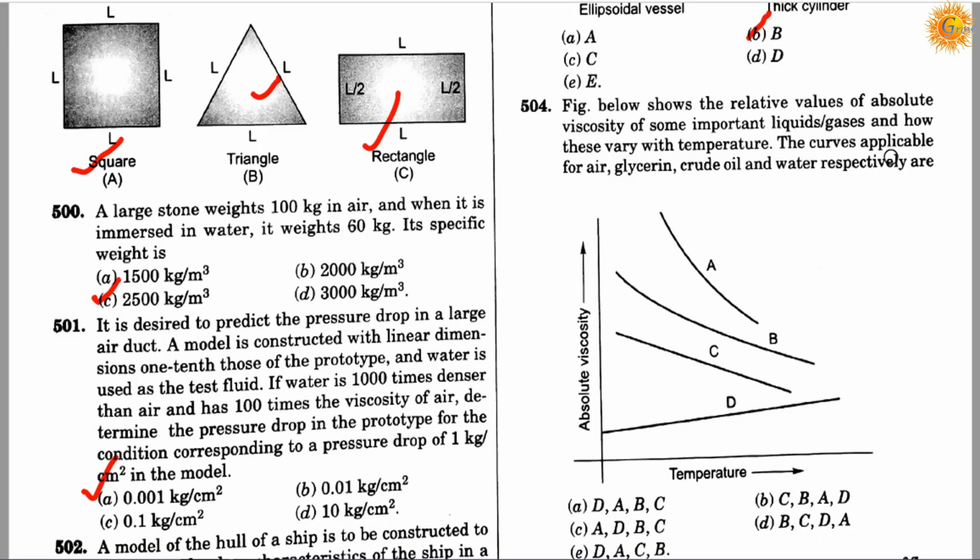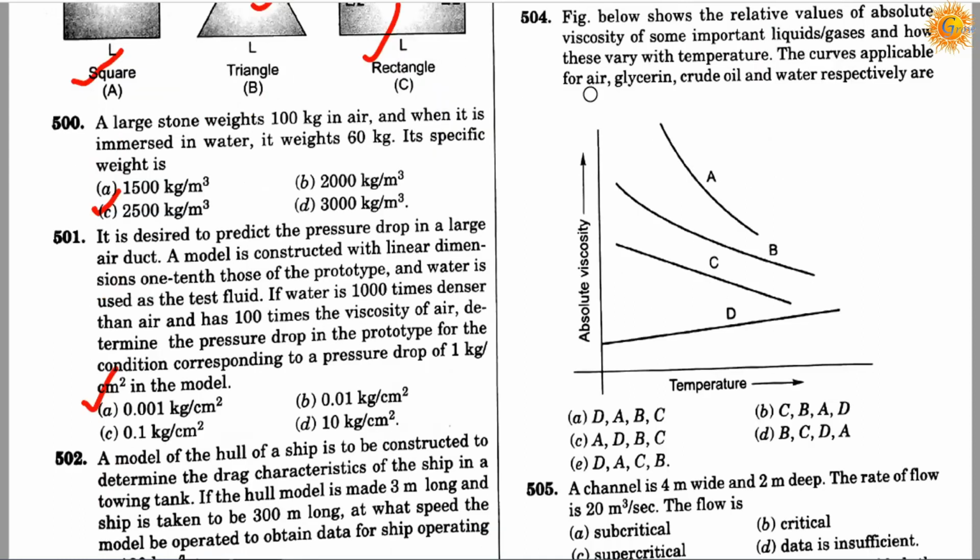The curves applicable for air, glycerin, crude oil and water respectively are. So the first curve A belongs to air, the second curve B belongs to glycerin, curve C belongs to crude oil, and curve D belongs to water respectively.